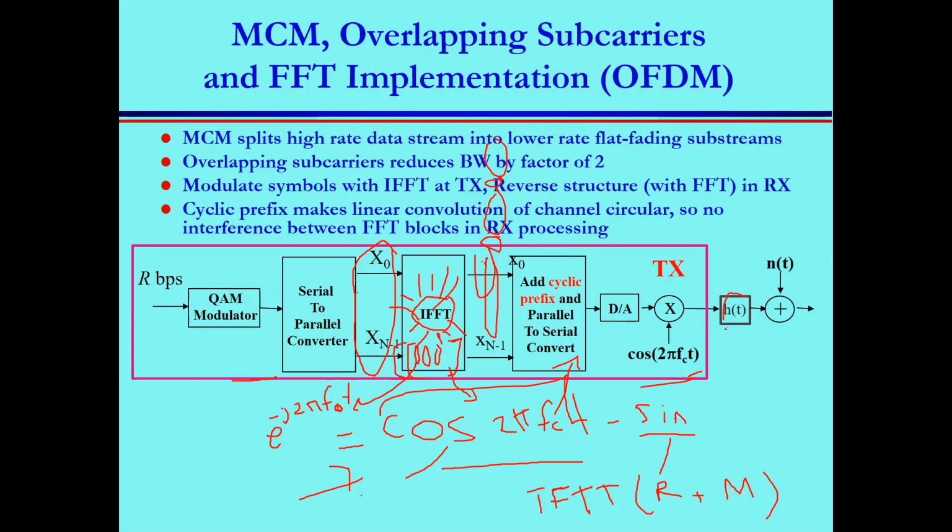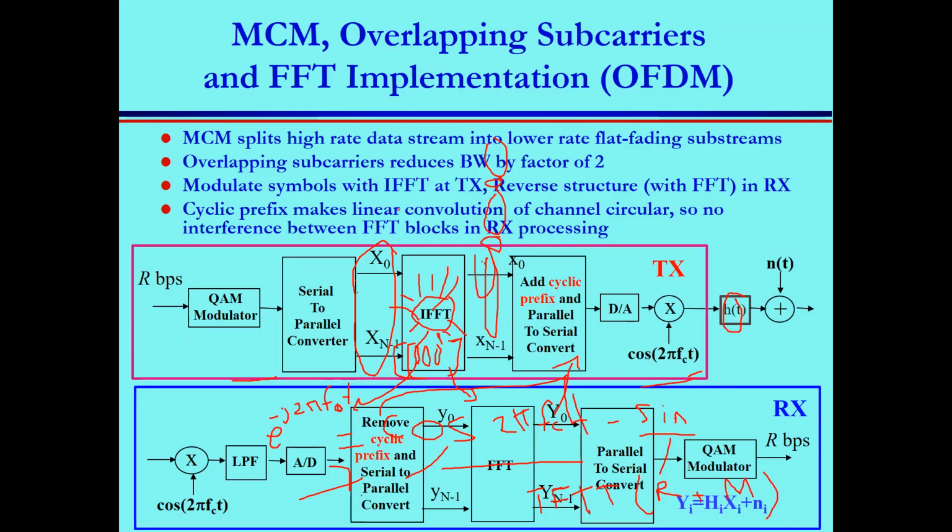And then after that, you transmit it over the channel that most probably is going to be time dispersive, and then when it reaches the receiver, noise will be added, and so on. The cyclic prefix basically eliminates your interference.